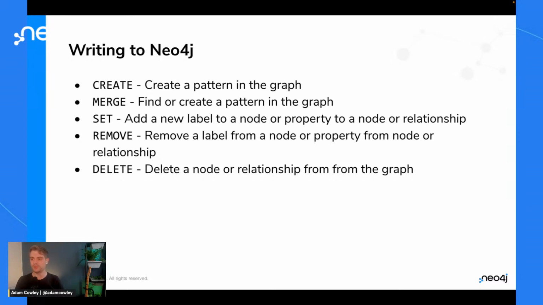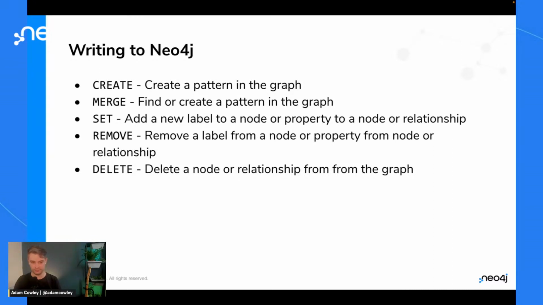We can use the create keyword to create a pattern in the graph, or we can use the merge keyword to attempt to find or create a pattern inside the graph. When we have nodes and relationships that we've found in the database, we can use the set keyword to either add a new label to a node or to set a property on a node or relationship.